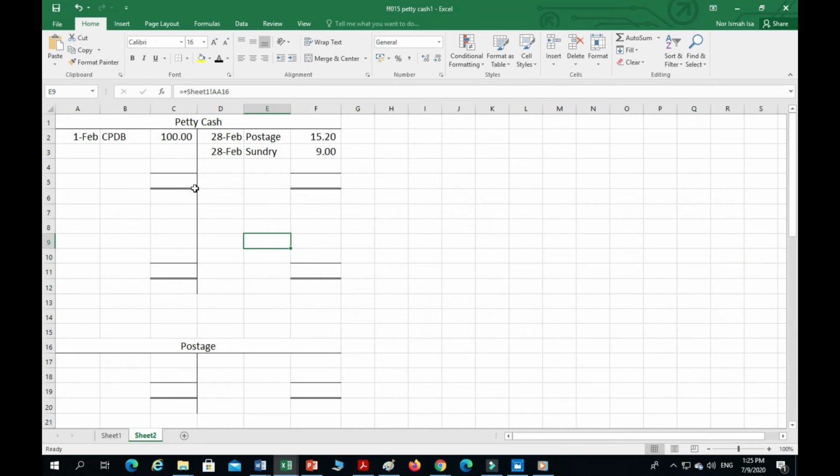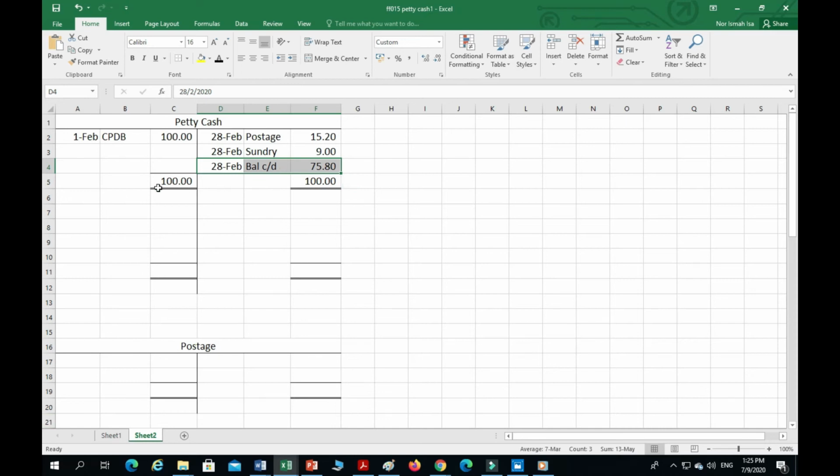So we close the account. So the total for the petty cash is 100. So the balance to date is 75.8.